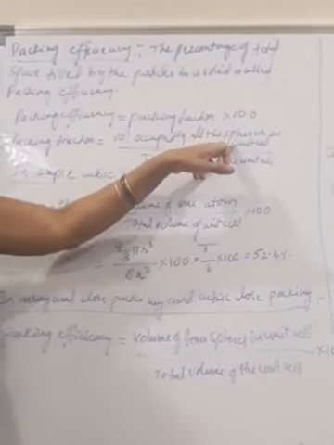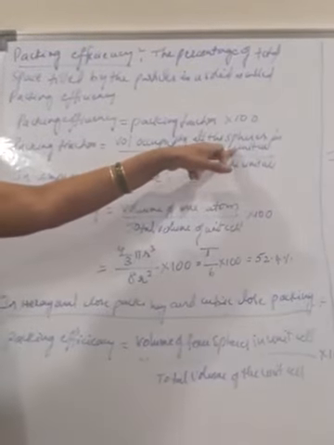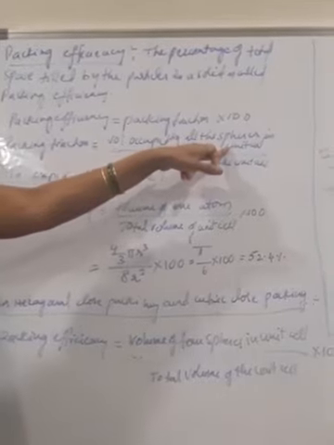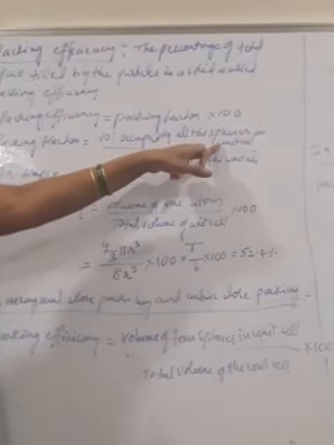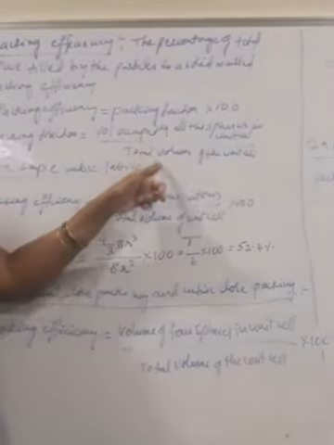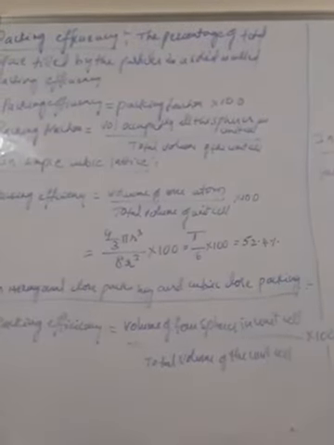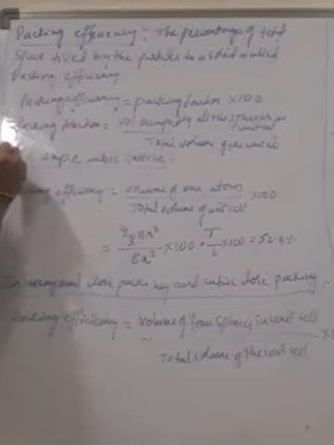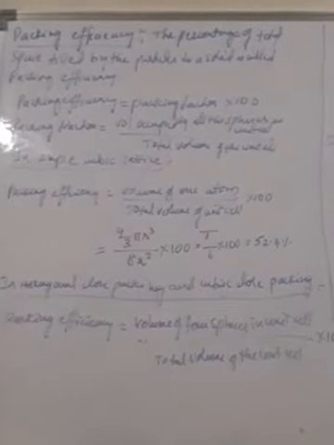That unit cell may be a simple cubic, face centered cubic, or body centered cubic unit cell. So first, coming to the calculation of packing efficiency in simple cubic lattice.